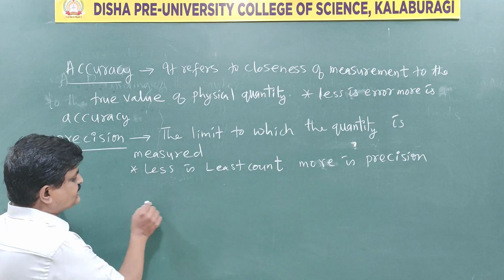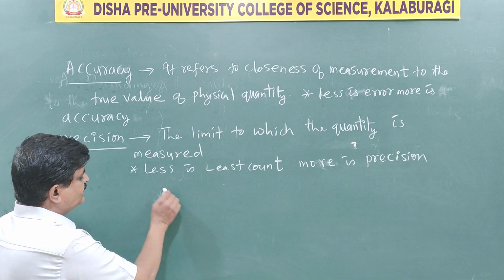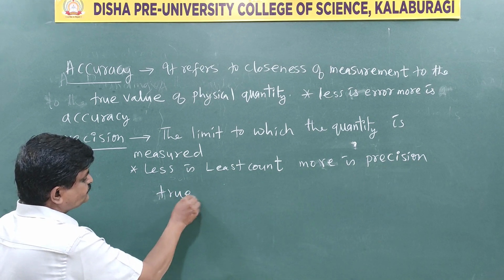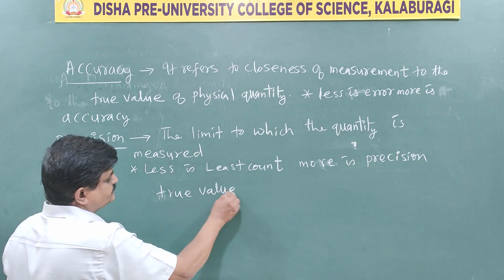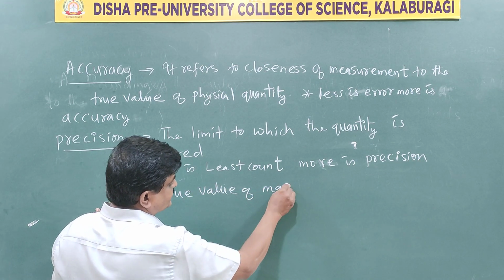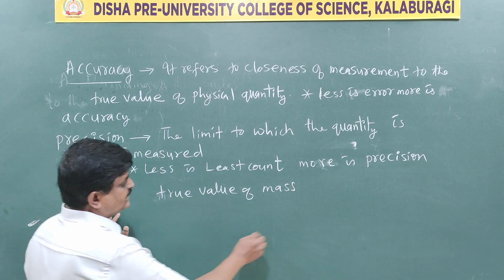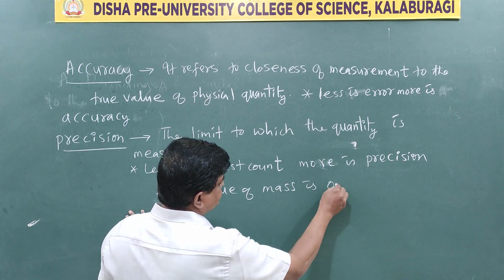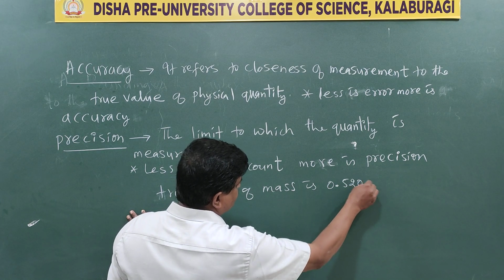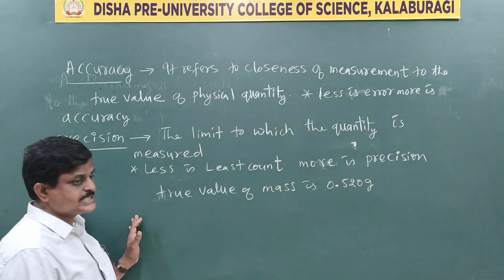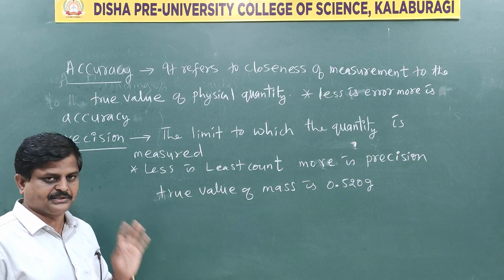Okay, some illustrative example. Let us say the true value of mass is 0.520 gram. This is the standard value of reference.